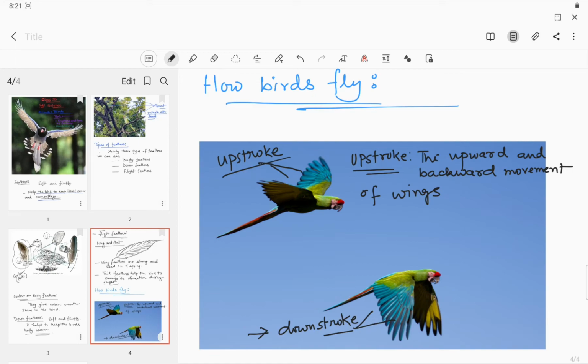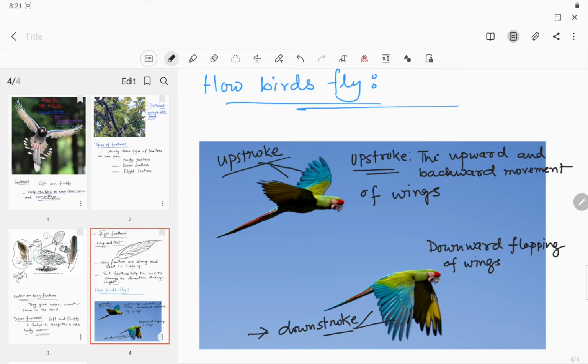Now what is downstroke? Downstroke means the downward flapping of wings is called downstroke.